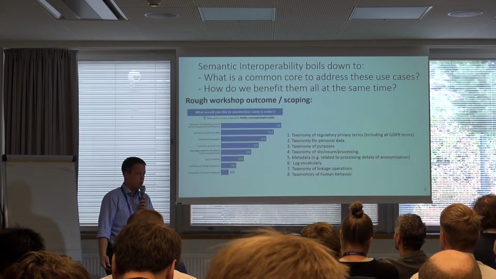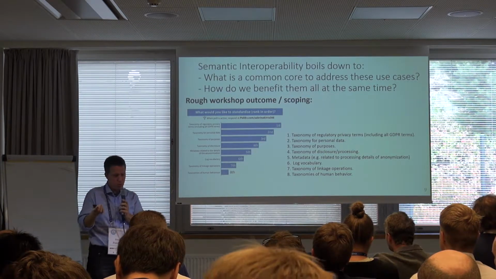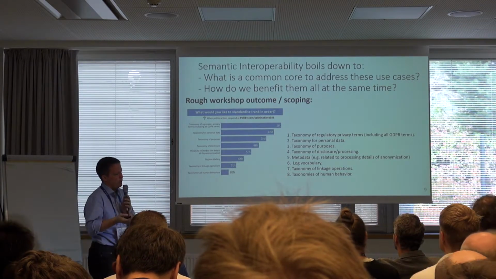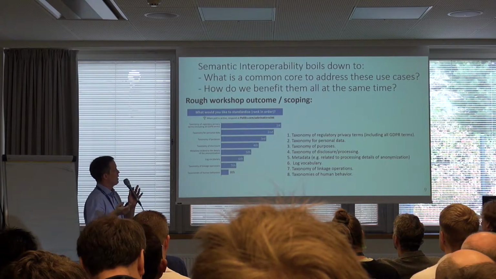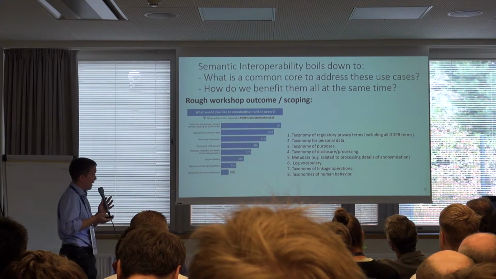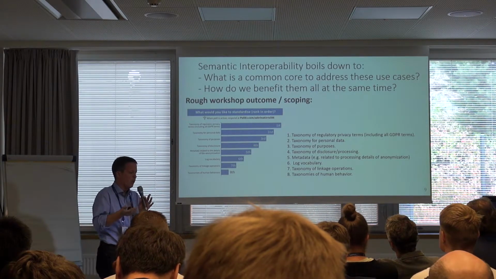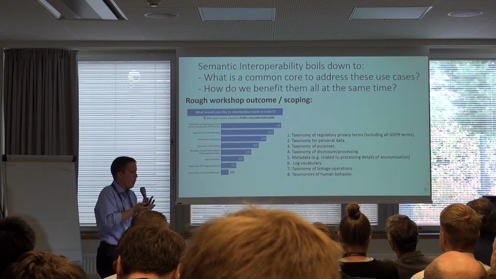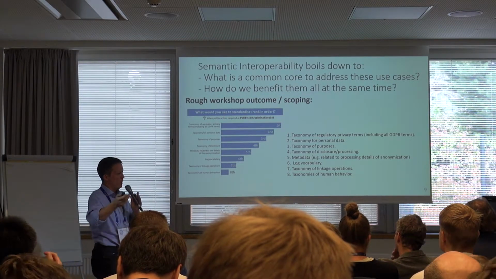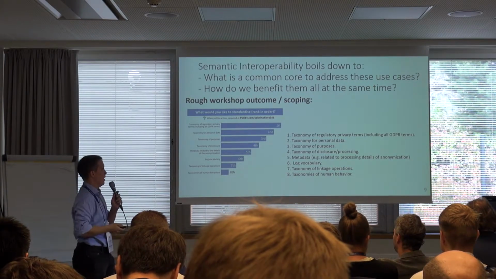The outcome of which was roughly some scoping of what we could talk about in terms of standardization. So what we want is a minimal core taxonomy of regulatory privacy terms, a minimal core of personal data categories, and more or less exhaustive but general categories of purposes, which could then further be refined for specific companies, use cases and domains.